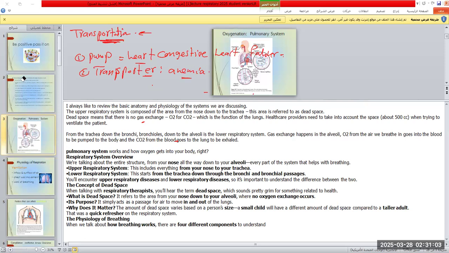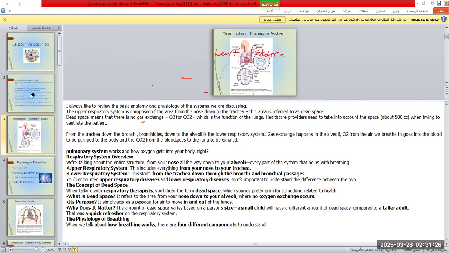So we have just two things that may affect our transportation: heart diseases like congestive heart failure or myocardial infarction, and anemia. Okay? Yeah, that's it. So those are the diseases or the issues that may interfere with our four concepts.